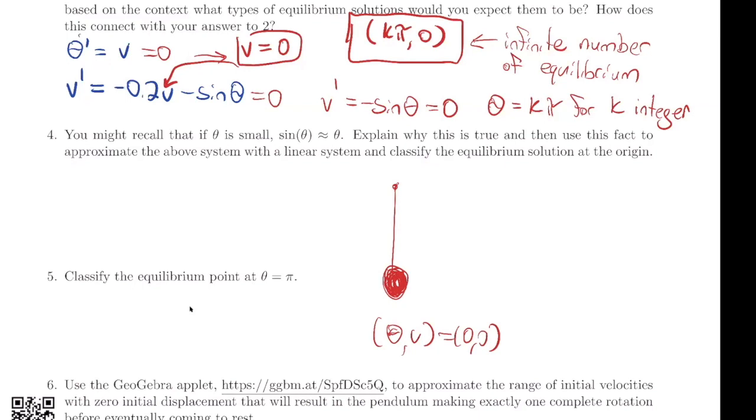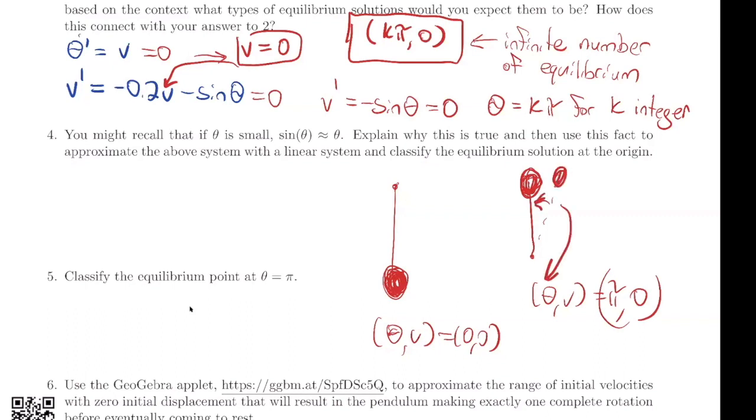If instead we have it so that the pendulum is now located up here, okay, this is very unstable because if you were to set this up with an initial condition close to but slightly off from that, so that it's not perfectly at pi, but it's like at pi minus 0.000001, so you're just a fraction off from this position, a pendulum that's over here is not going to move back to that position.